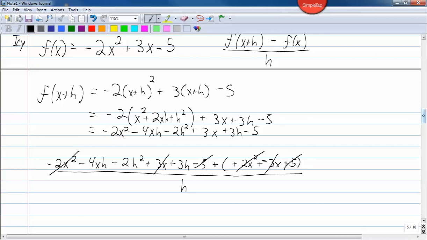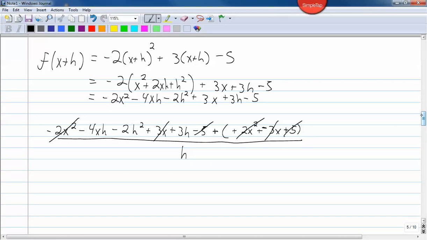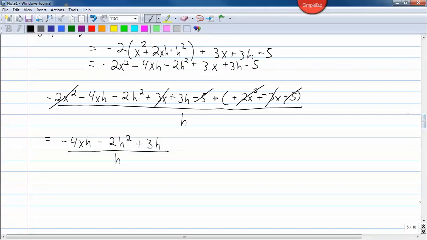Alright, so let's write everything that's left down. In the numerator I have negative 4xh minus 2h squared plus 3h all over h. Now I need to figure out a way to get rid of this h.